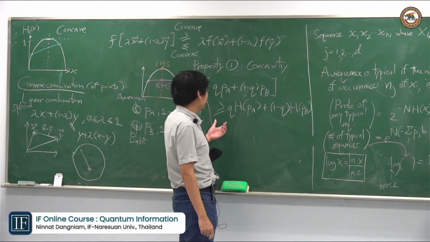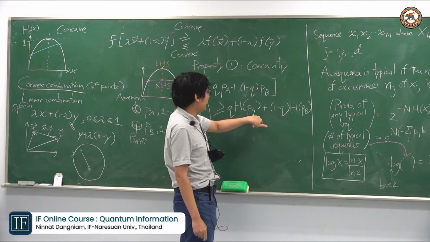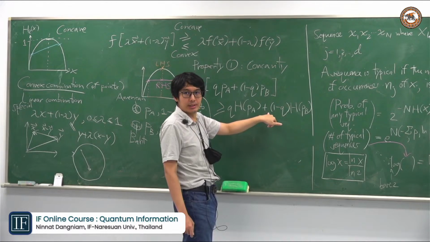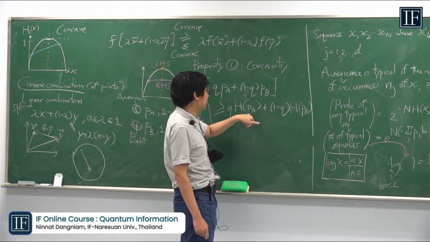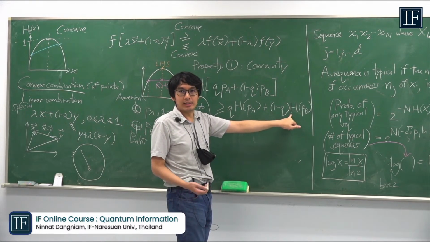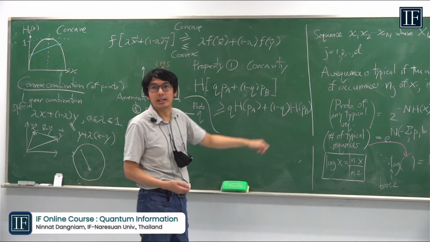If I have two separate coins, H(PA) and H(PB) would be the amount of information that I learn by tossing one kind of coin.